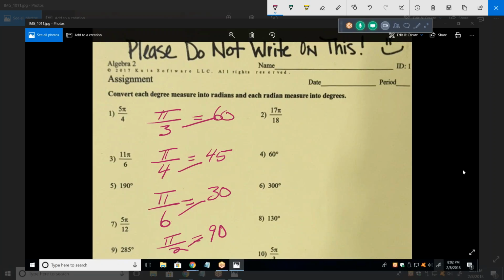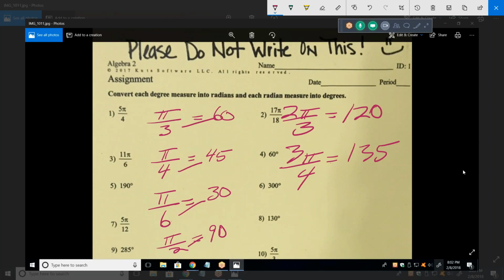If pi over 3 is 60, what is 2 pi over 3? 120. Piece of cake, right? If pi over 4 is 45, what's 3 pi over 4? 135. Notice how much quicker you can do these.